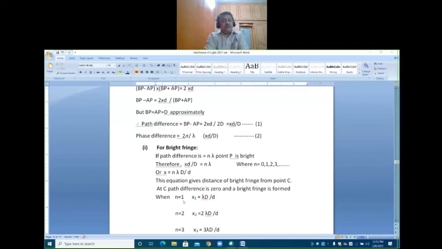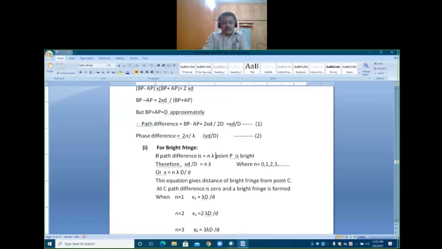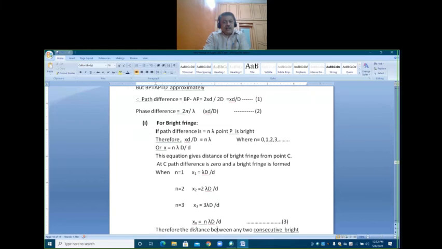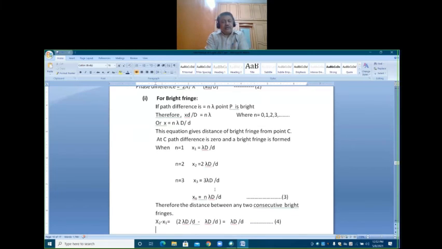So put n equal to 1, it will be x1, the first bright fringe, equal to lambda D by d. n equal to 2, second bright fringe, it is x2, so 2 lambda D by d. Then third, x3, 3 lambda D by d. Like this you have an infinite number.